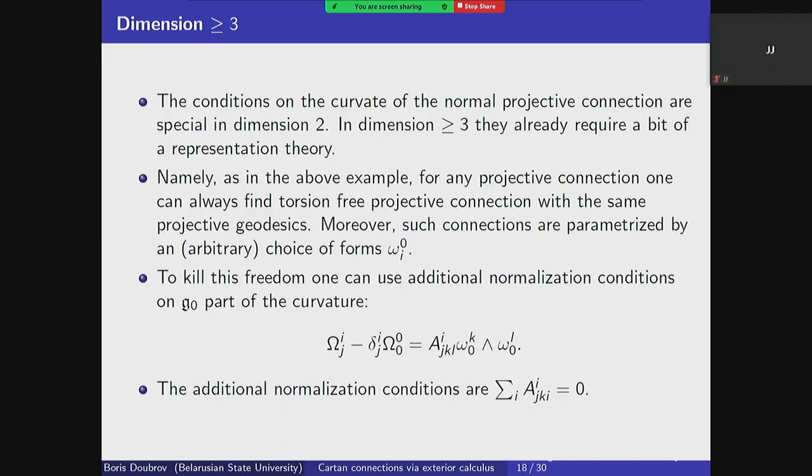Bianchi identity, well, structure equations of Cartan connection implies that this tensor is not arbitrary at all, so it has some linear relations. But this equation guarantees us a unique choice of omega ij. And that's exactly, again, Cartan, this condition shows up in the original Cartan paper, and he does pick up this condition.